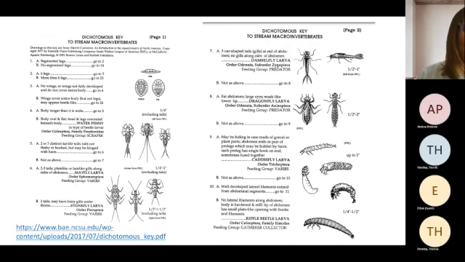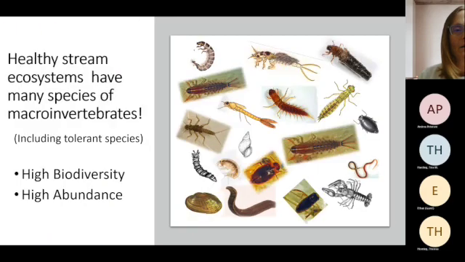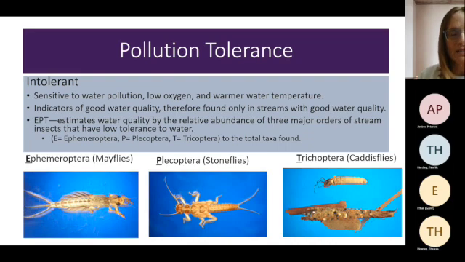So we're going to go to step number 6. Step number 6 says, does it have 2 or 3 tails that are plate-like or hair-like gills along the sides of the abdomen? If that were it, it would be a mayfly, and we'd have to go back and look. But if we go back and look, I don't see any kind of hair-like gills along the abdomen.